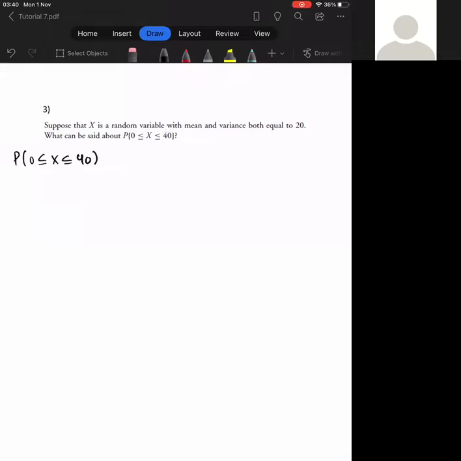I can write this as the difference of x with 20 being greater than 20. Why am I saying greater than? Because we know the mean and the variance, and we want to say something about the probability, so this should signal us towards the Chebyshev inequality.